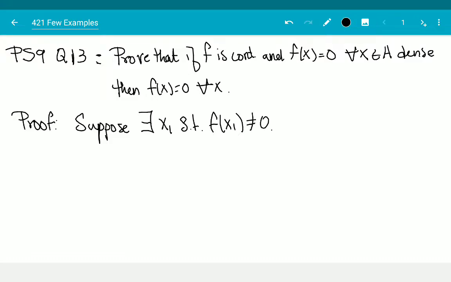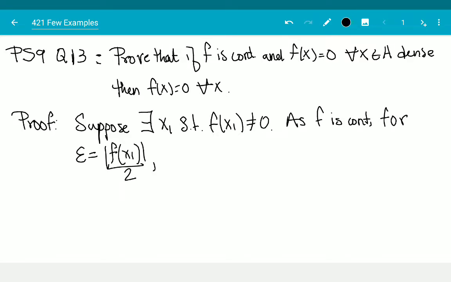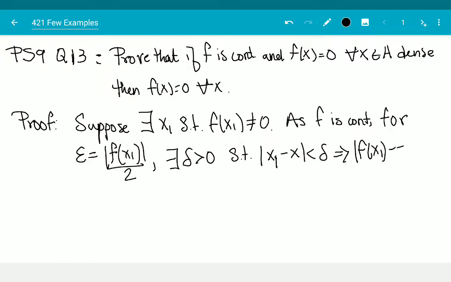Okay, so because f is continuous, for epsilon equal to absolute value of f of x1 over 2, there exists a delta greater than 0 such that absolute value of x1 minus x smaller than delta implies absolute value of f of x1 minus f of x smaller than epsilon, right? That is by definition of continuity.